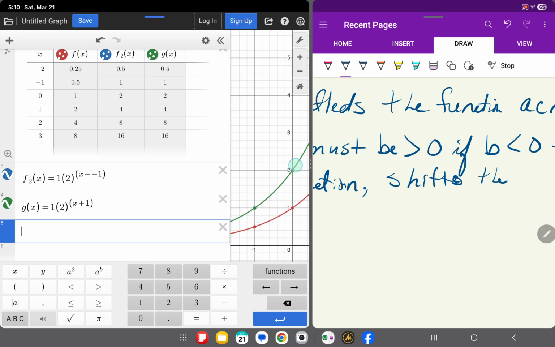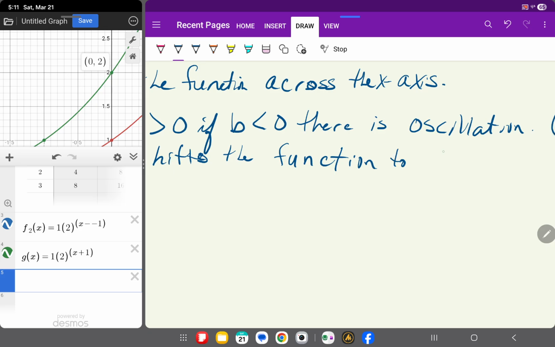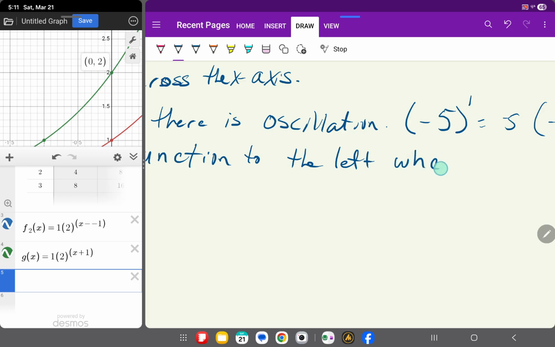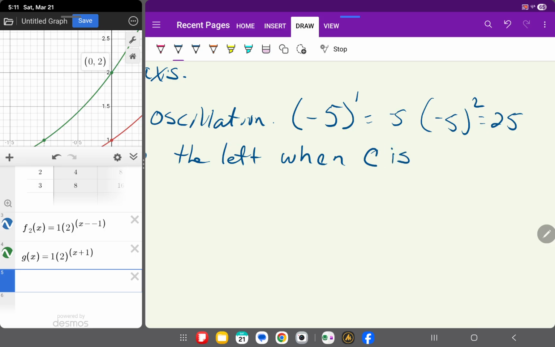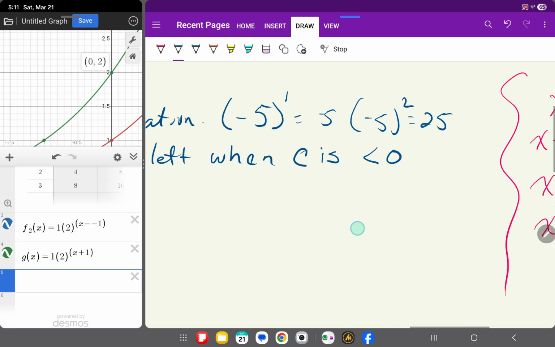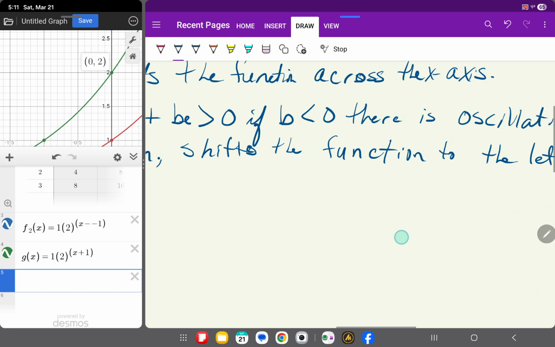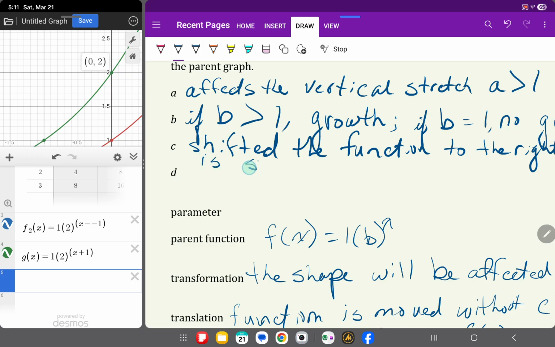Shifts to the left when c is less than 0 or negative, and the operation is subtraction.